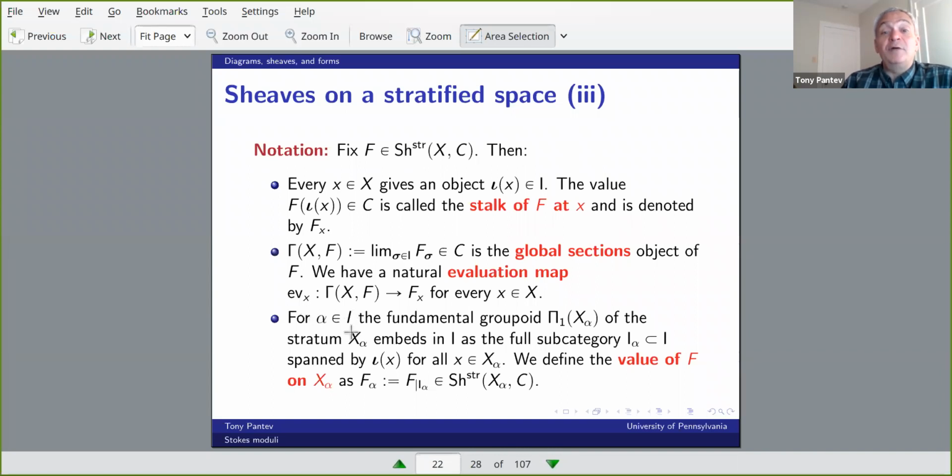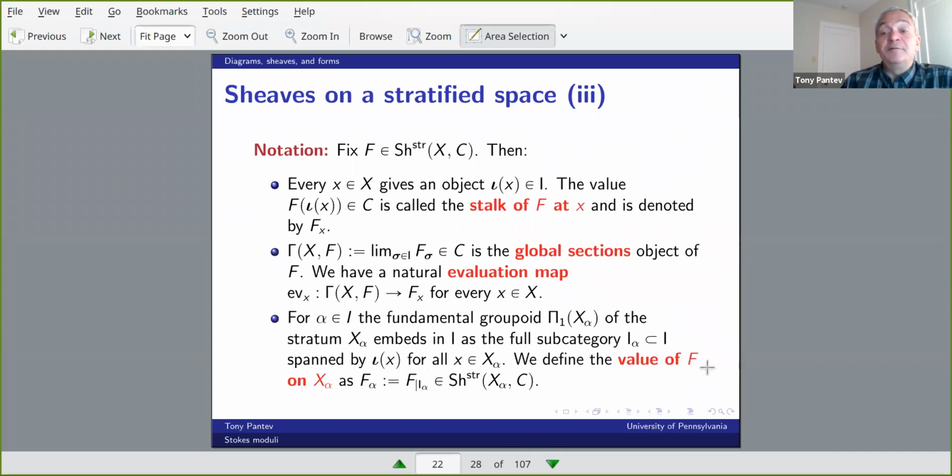If you have a stratum, the fundamental groupoid of that stratum is actually a full subcategory in the exit path category. It's just the subcategory spanned by the paths emanating from that stratum.